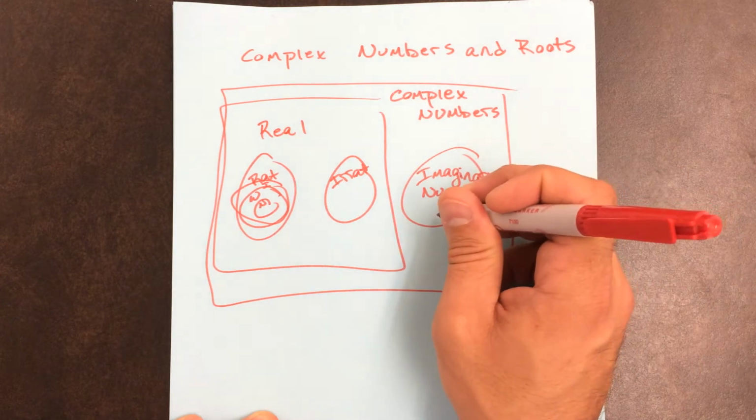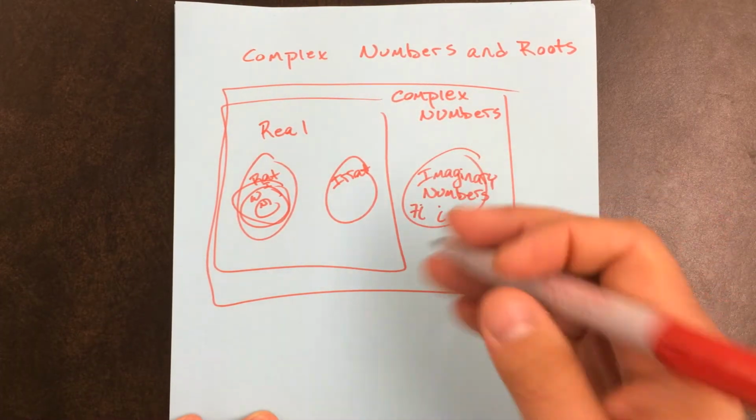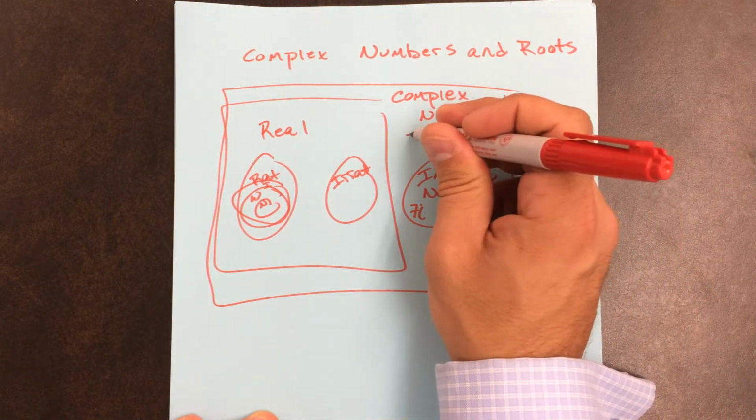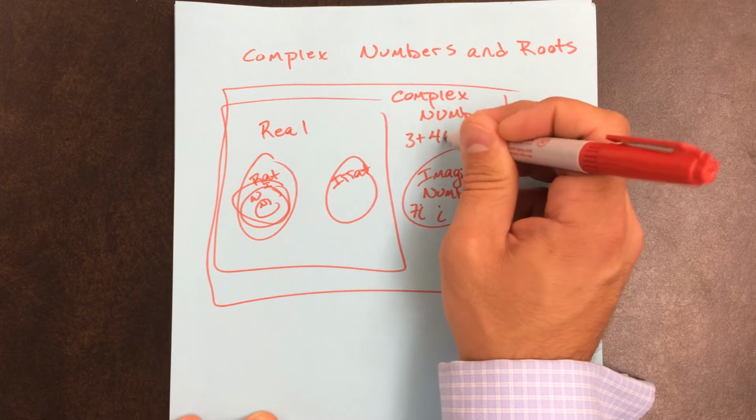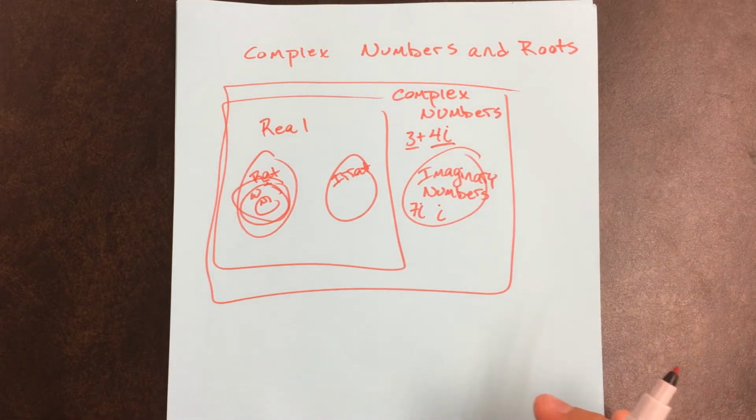Imaginary numbers are anything with an i, so i, 7i, anything along those lines. They're going to be imaginary, and we'll talk about that. Complex numbers are when it's 3 plus 4i, a number plus an imaginary number. That's a complex number. So we're going to look at those two different kinds of examples in a little bit.